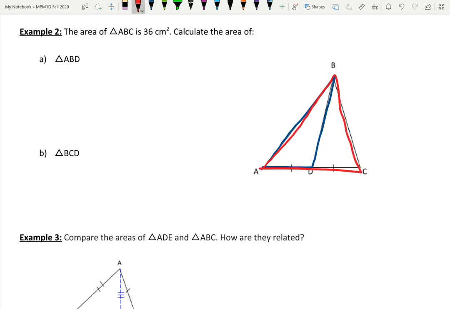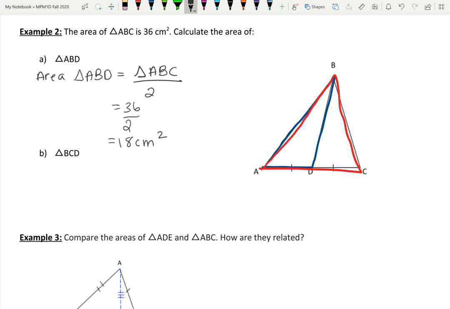So the area of triangle ABD is the area of ABC divided by 2, which is 18. And remember, area units are squared. And the same thing with BCD.